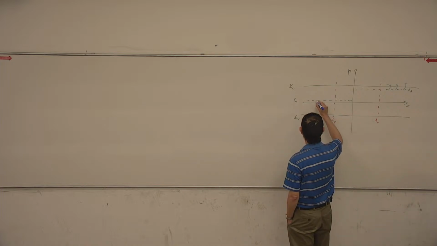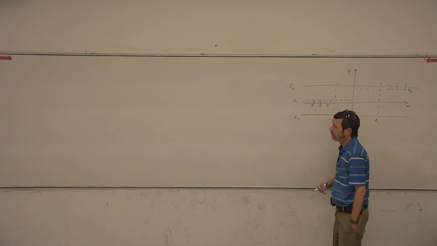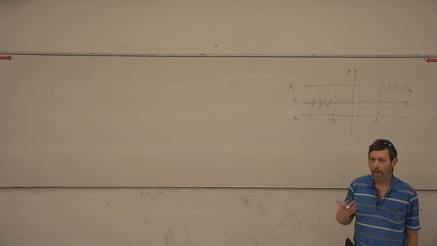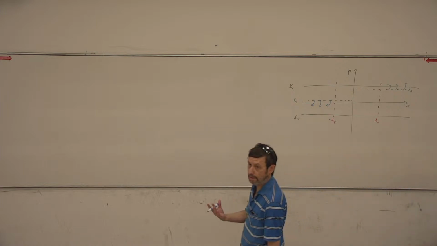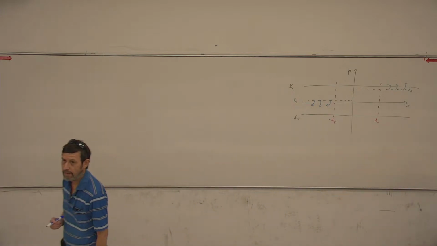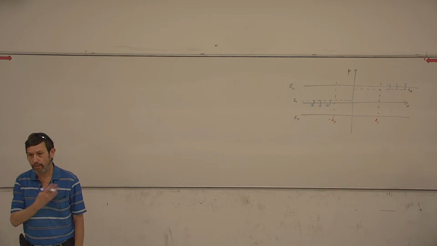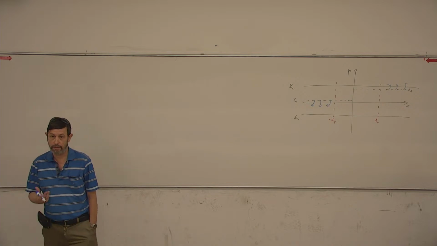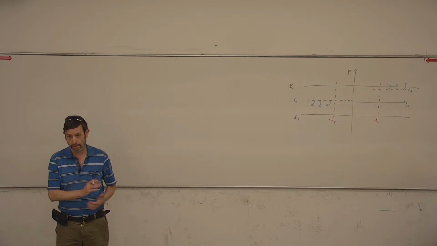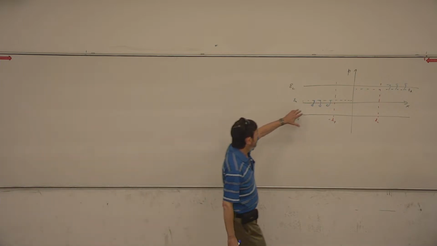And basically all the acceptor states in the acceptor band were filled up by electrons out of the valence band, leaving me holes in the valence band.